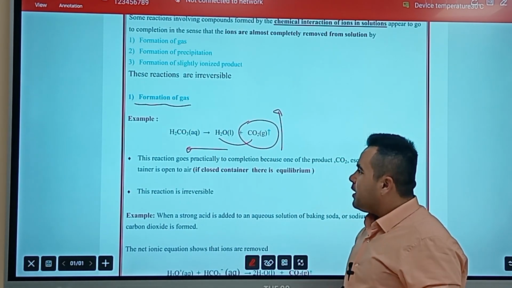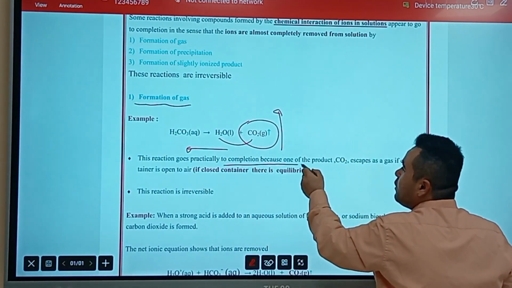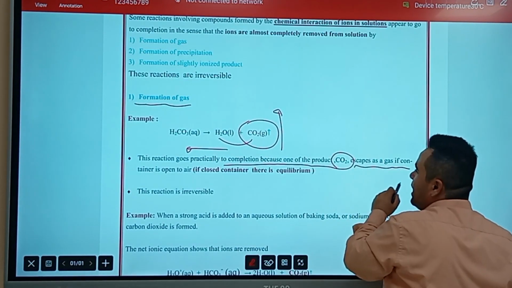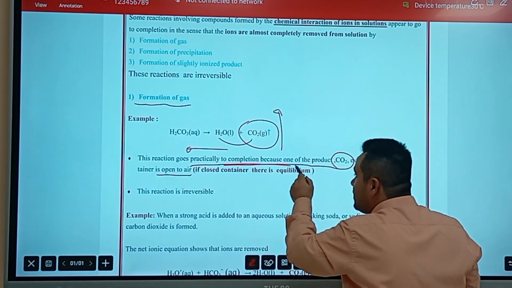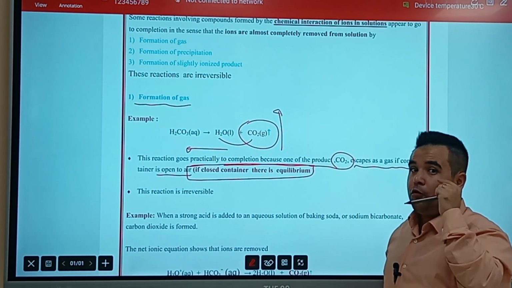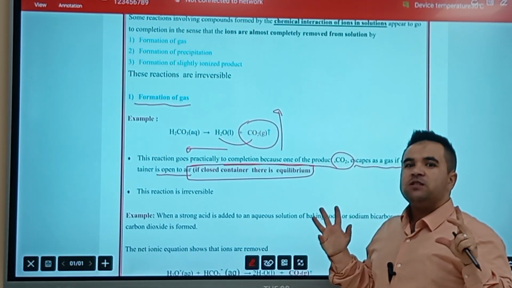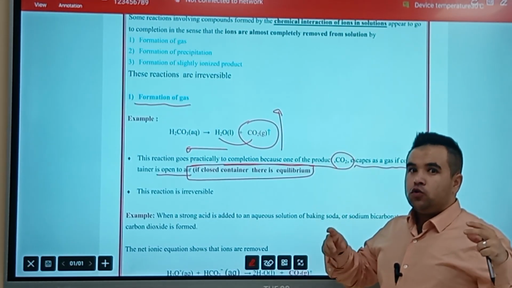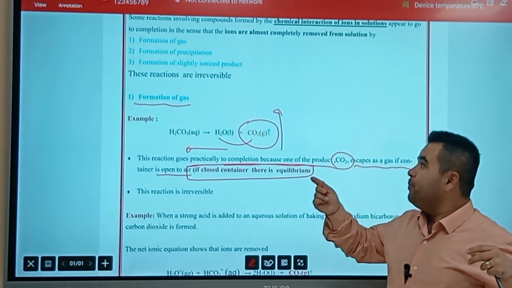This reaction goes partially to completion because one of the products, CO2, escapes as gas if the container is open to air. If it is a closed container, there is equilibrium, guys. So in order for the formation of gas to go to completion, the system must be an open system in order to let the product go to completion.